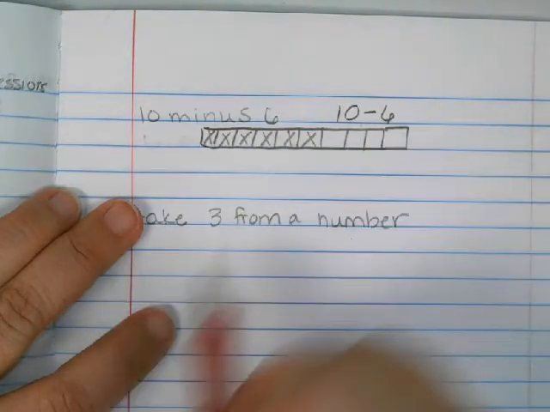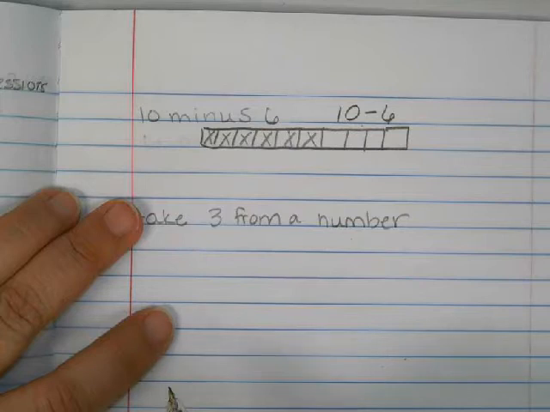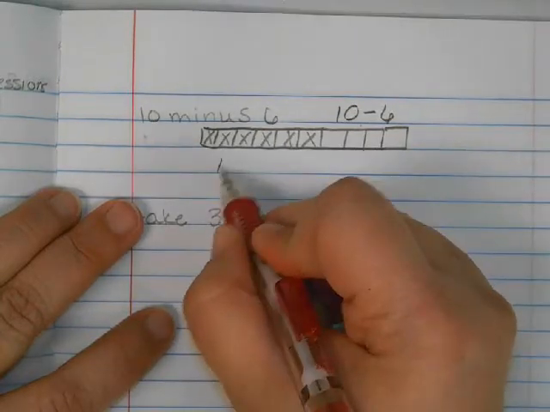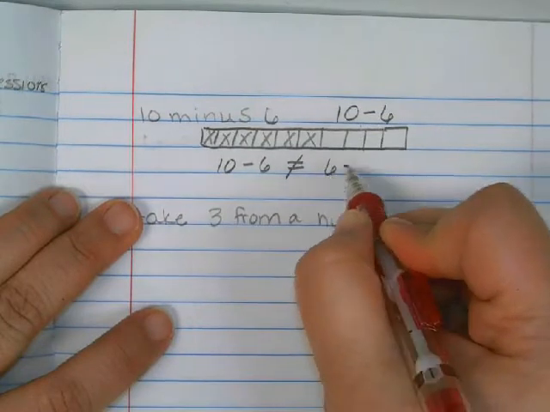So 10 minus 6. Now the one thing that we need to remember is there is no commutative property of subtraction. So 10 minus 6 is not equivalent to 6 minus 10.